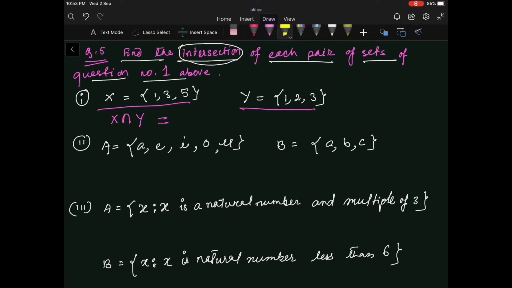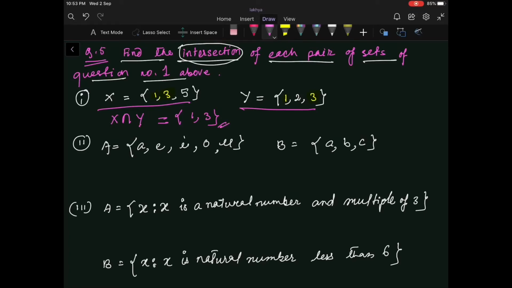Set X contains 1 and set Y also contains 1, and 3 is present in both X and Y. So 1 and 3 are the common elements, so X intersection Y is {1, 3}. This is the result.